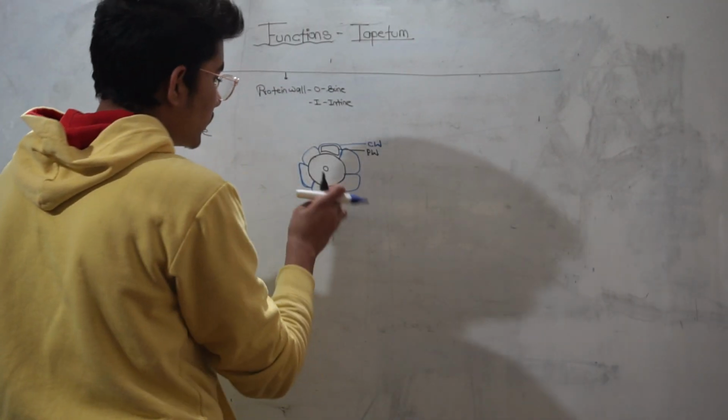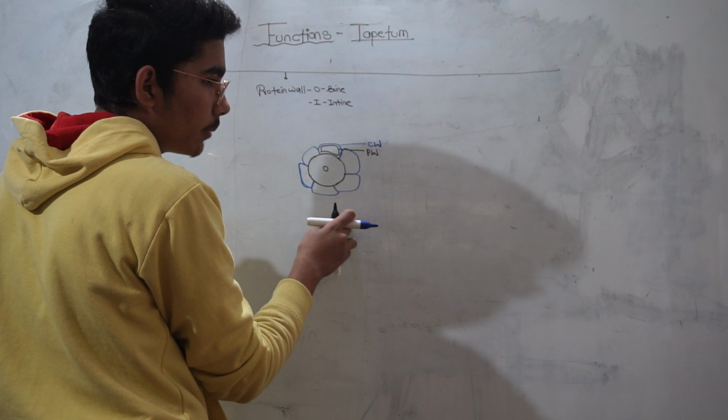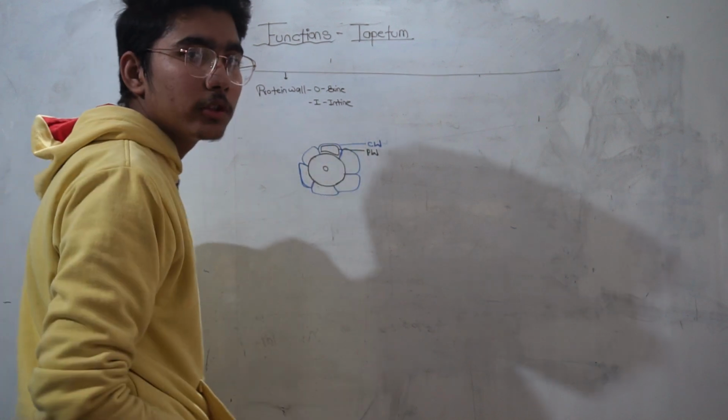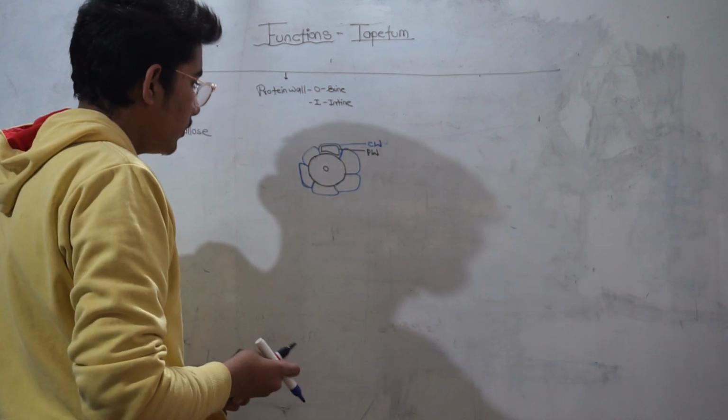As you can see here, this is the sporangia, the formation of tapetum, and inside the cell wall there will be a formation of protein wall.